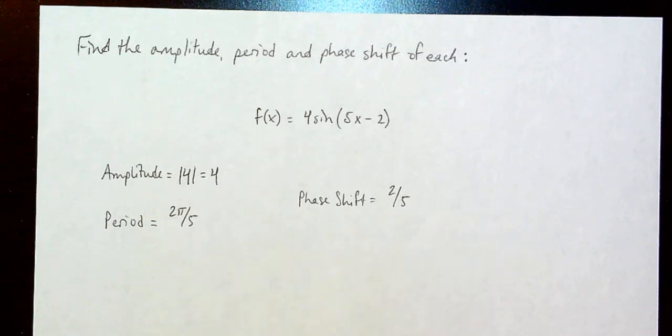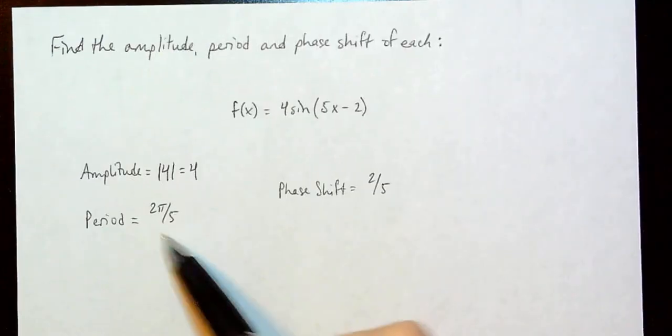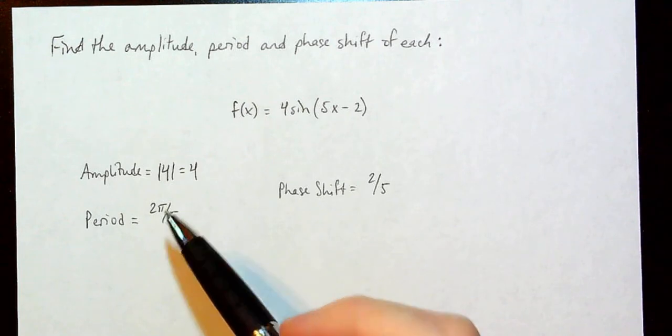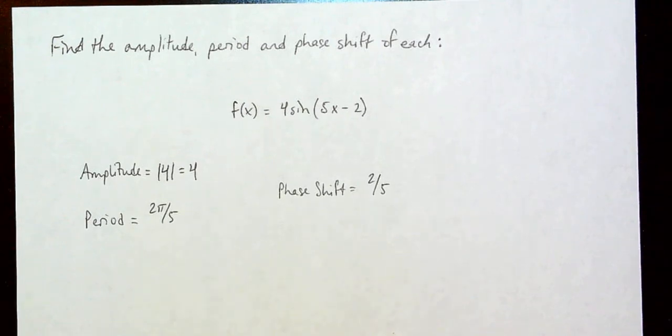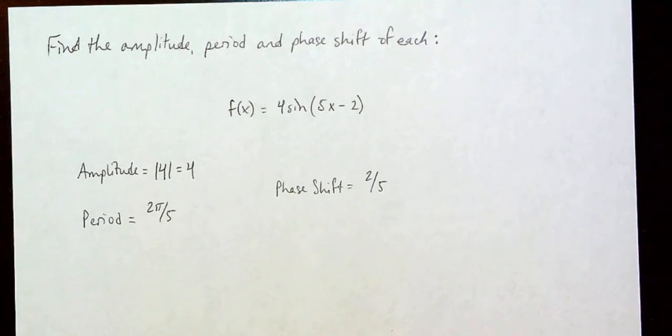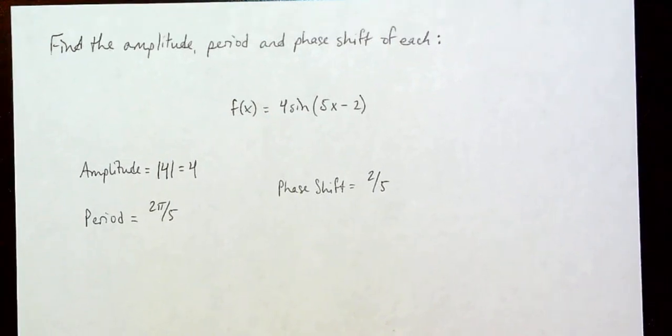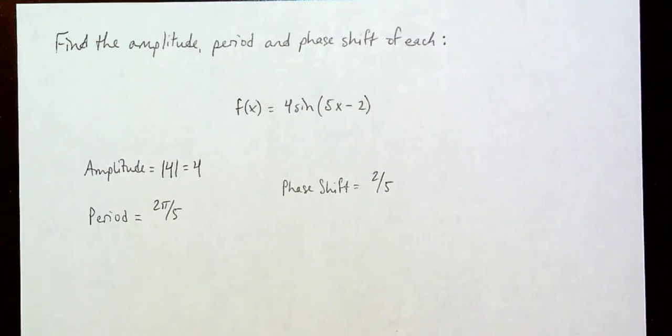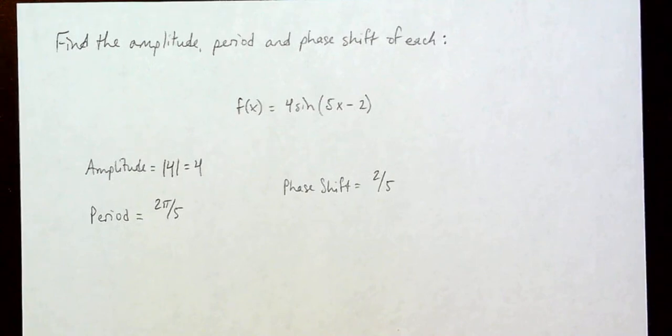It's still centered, if you will, on the x-axis, but it goes up to positive 4 and down to a negative 4. The fact that our period is 2 pi over 5 says that it's going to take an interval of length 2 pi over 5 to go through one cycle of values, or one sequence of values of the function.